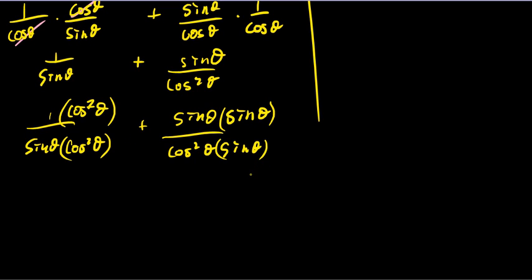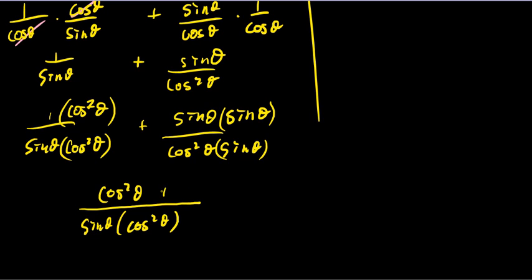Is everyone on board with that? So here I have, and you can go ahead and put the common denominator down there now. This is sine theta times cos squared theta. And up top we have cos squared theta plus sine squared theta. Everyone see that? This plus this.